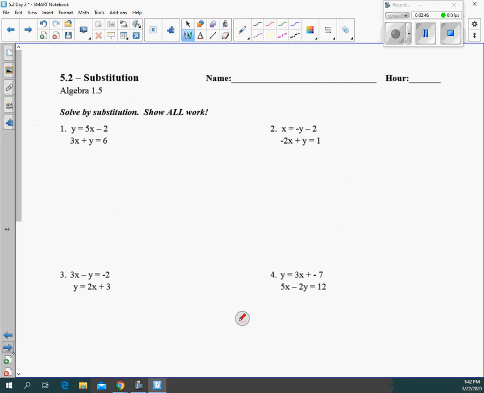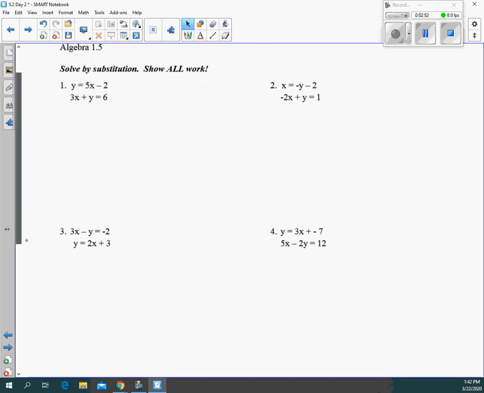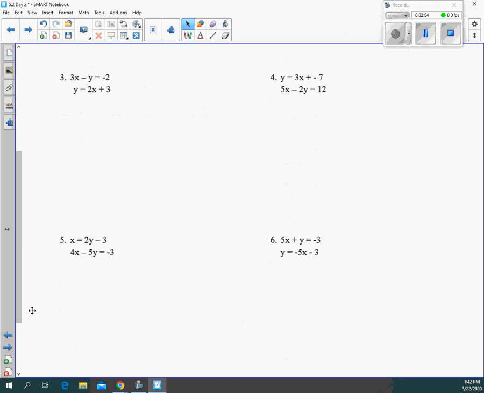So, just to make sure we got that down, let's do number... Payne Doty, which one do you want to do? Number 4? Sure. Okay, let's do number 4. Do you notice any variable that's all by itself? I do, right here. It's 3x minus 7.